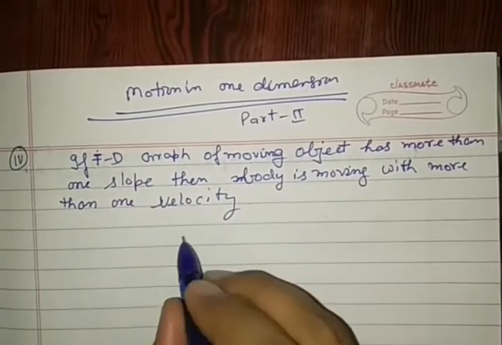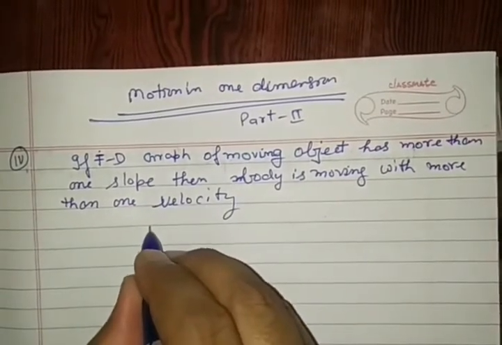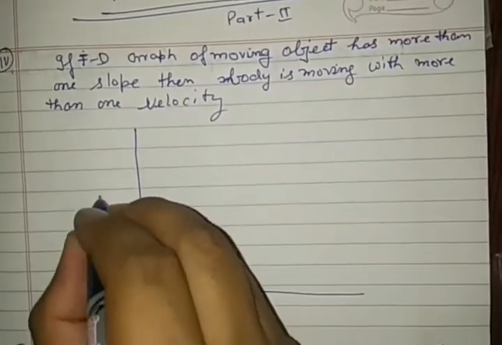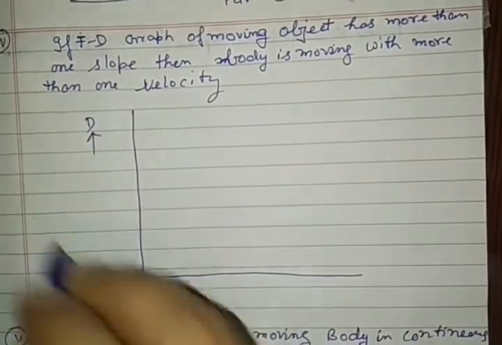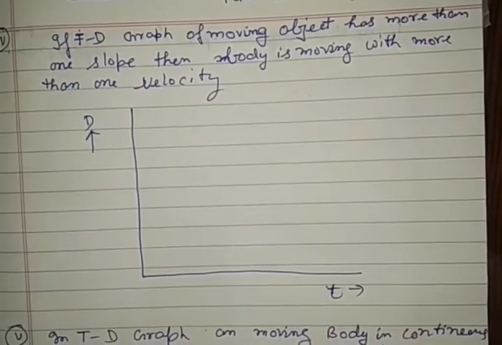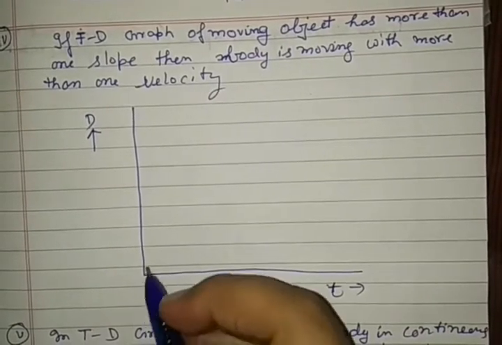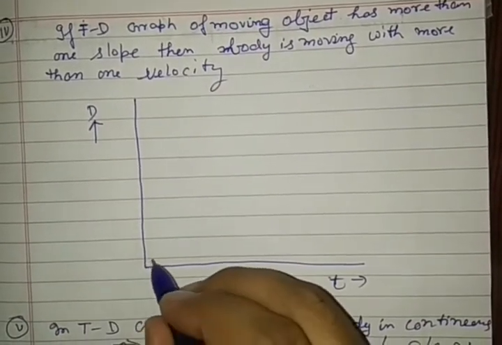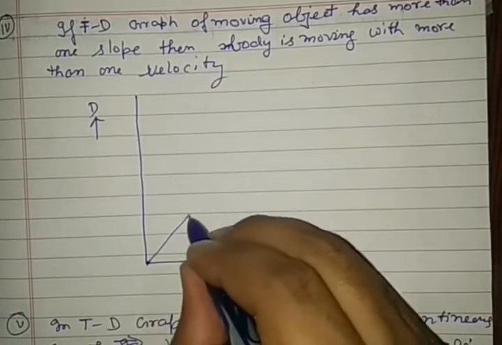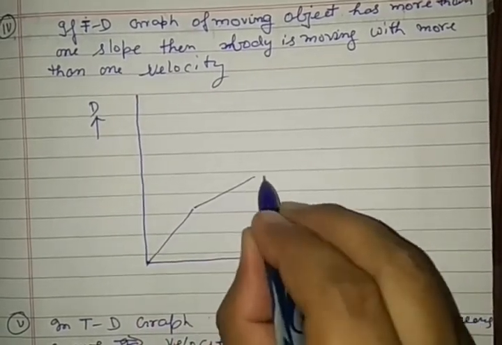Here is a displacement time graph, in which different slopes are given.